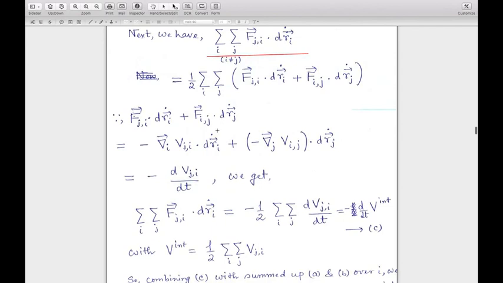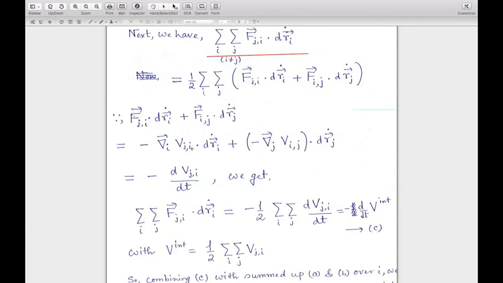Then if you write this, you will be given by this expression, and this expression finally gives you the minus d/dt of Vji. Remember, Vji is a function of Rij. It's a distance, which is nothing but the mod of Ri minus Rj.